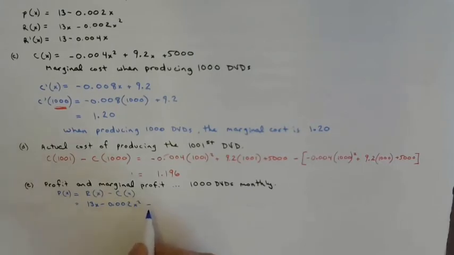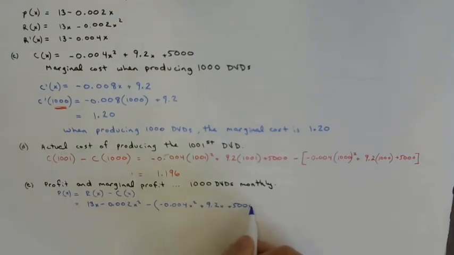We're going to subtract our cost function. I'm going to put it in brackets because this negative is going to apply to all the terms. Cost is right here: negative 0.004x squared plus 9.2x plus 5,000.